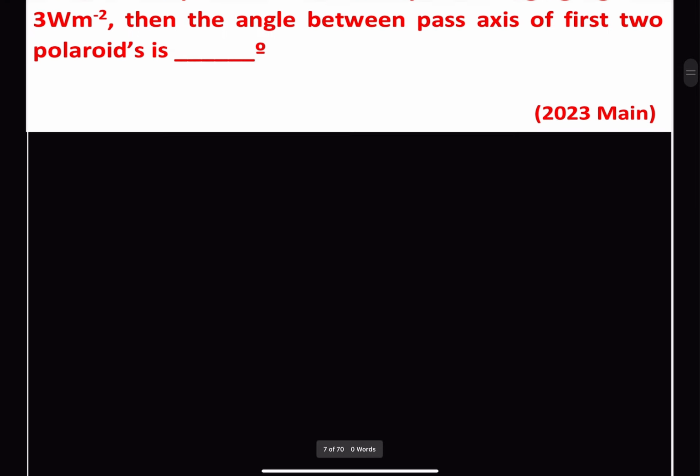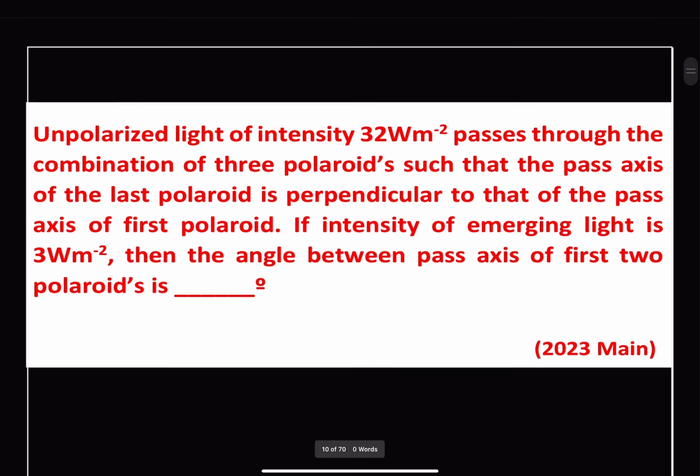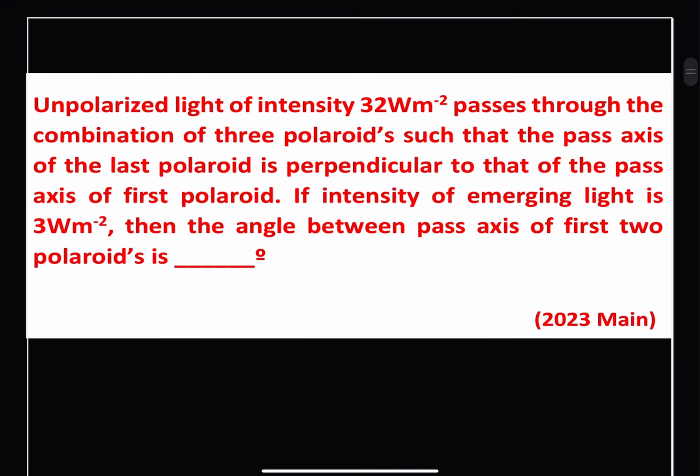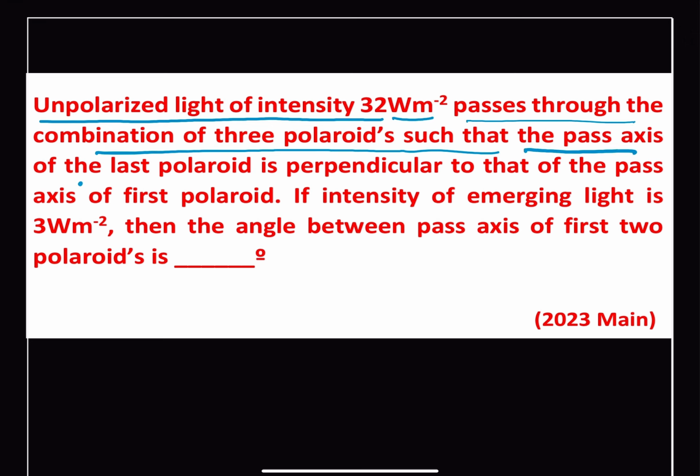Next question. It states that unpolarized light of intensity 32 watt per meter square passes through a combination of 3 polaroids such that the pass axis of the last polaroid is perpendicular to the pass axis of the first polaroid.